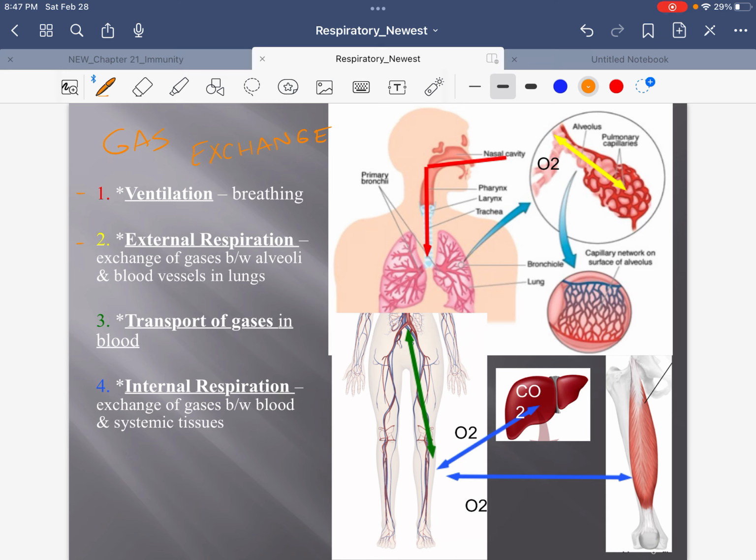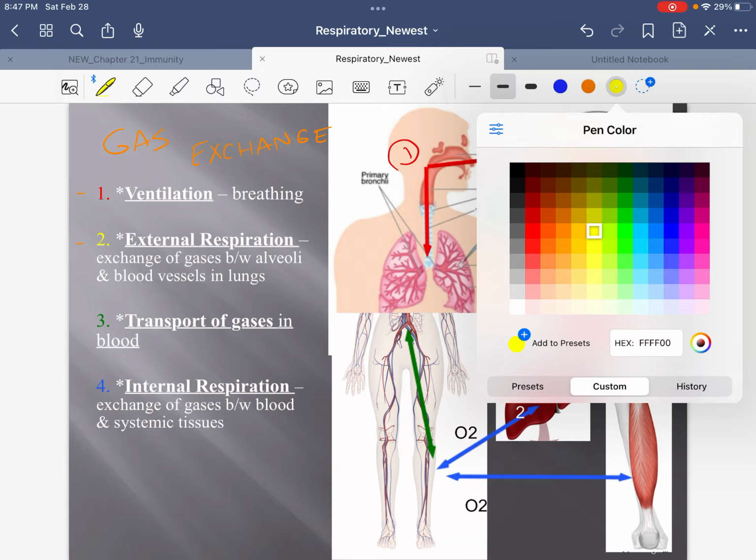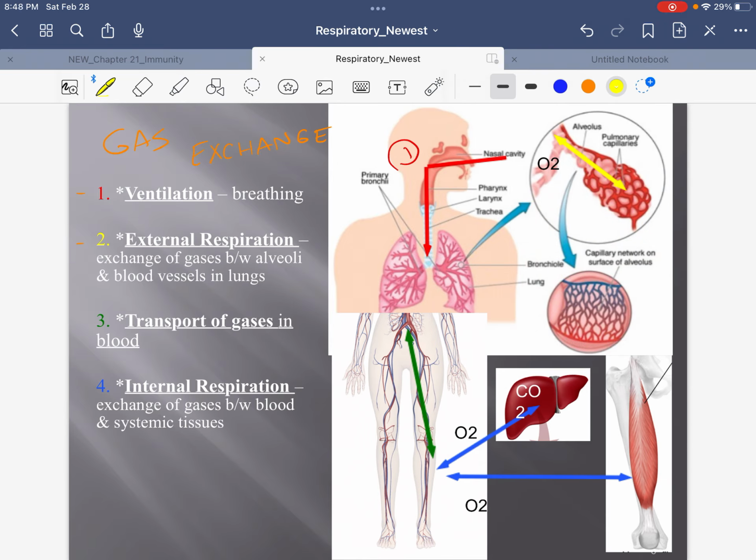If we're following along on this picture, what I have in red is the first step, where we breathe. Then we have our first gas exchange, which is in yellow. Our first gas exchange is between the blood and the lungs. That's happening here, so now we have oxygen in the blood.